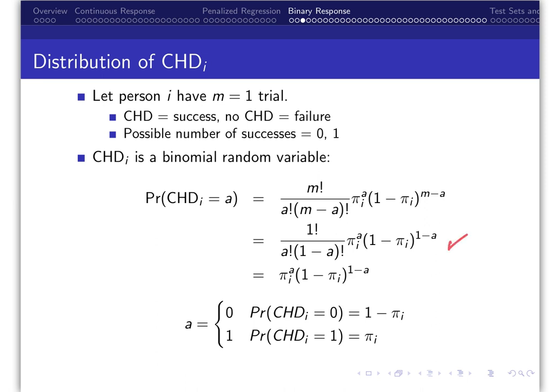Substituting m equals 1 for subject i, the first term goes away, so we are left with this bottom expression. When a equals 0, we get that the probability of CHD equaling 0 is simply 1 minus pi. Alternatively, when a equals 1, the probability of CHD equals 1 is equal to pi.